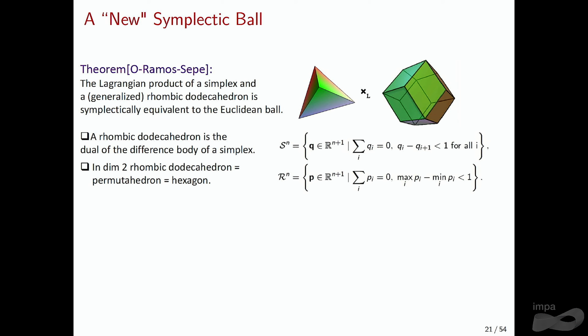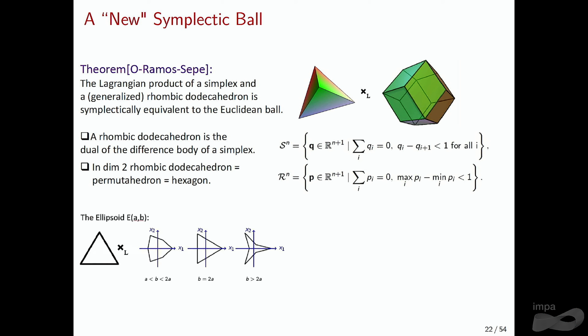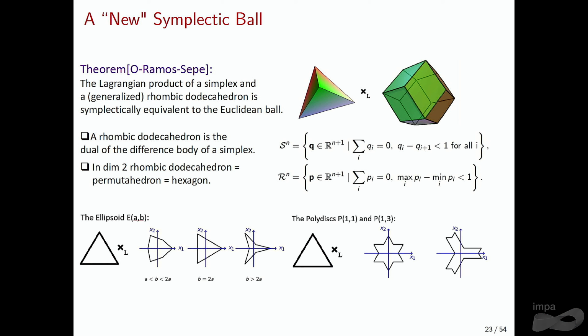So this is essentially the main result. And now I still need to go to the 3 other objects that appeared at the beginning of my talk and explain how they are related to this theorem. Another remark, maybe more relevant to the symplectic people, is that we can use the methods that we developed to prove this theorem also to describe symplectic images of ellipsoids and symplectic images of the polydisk.